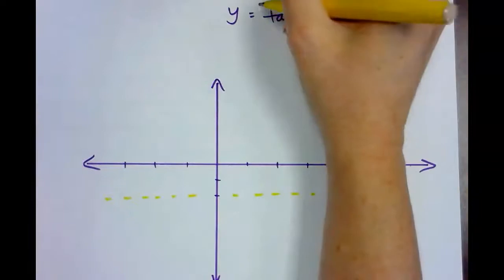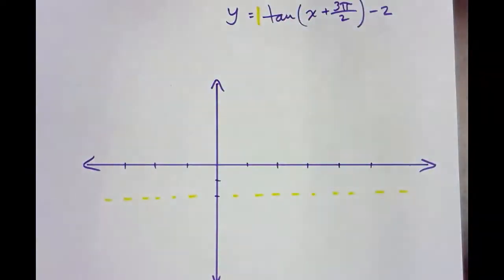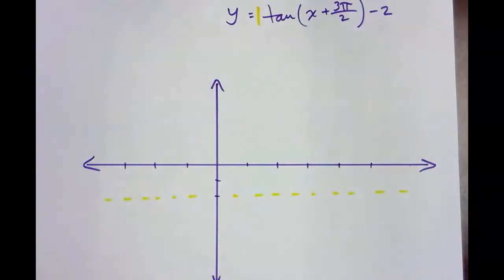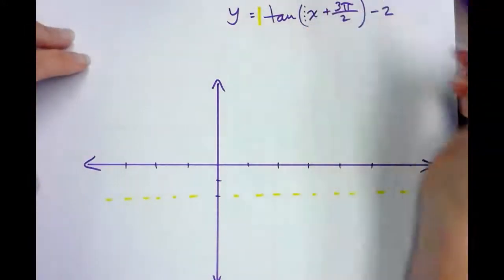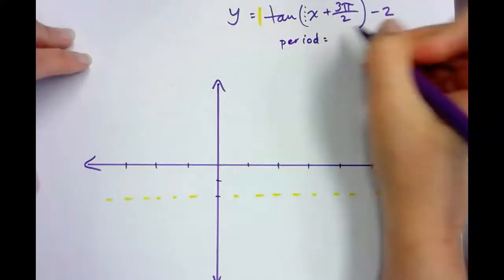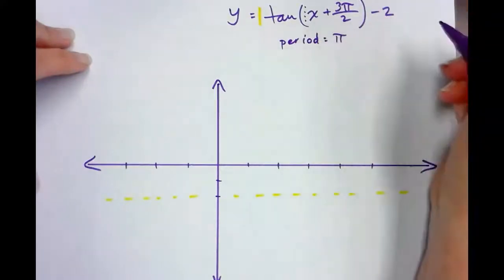We do have an a value of 1, so not going to have much action in terms of stretching these branches. Next, we've got a b value of 1, so the period for our tangent function will remain π units long.